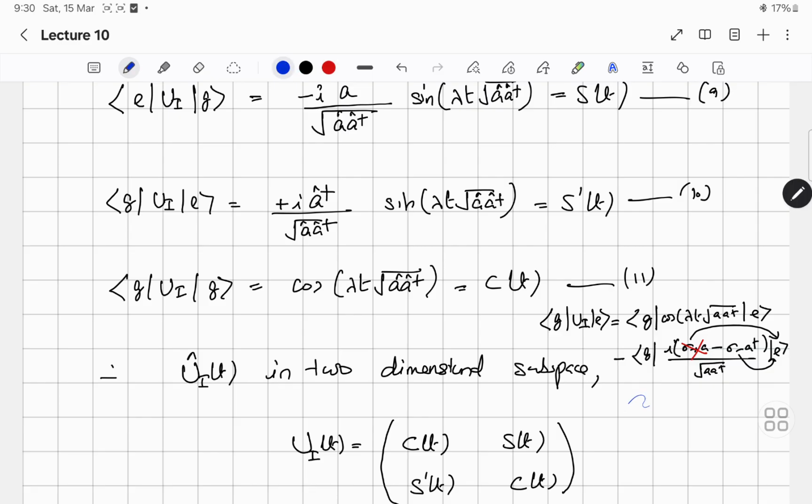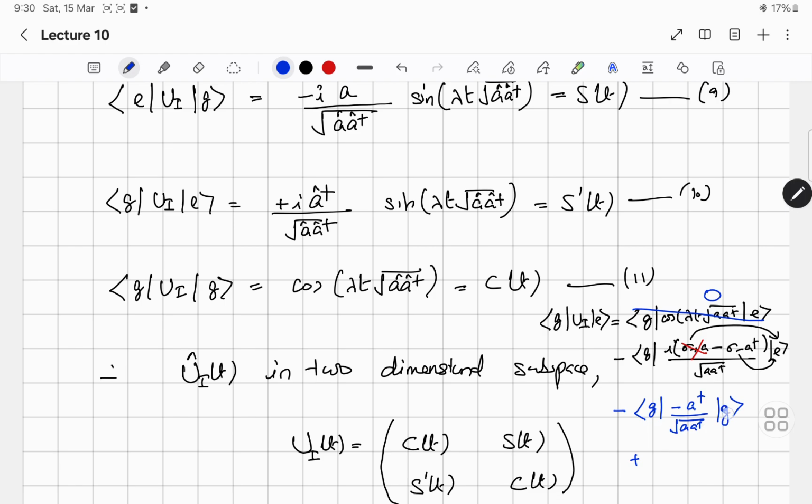So the first term will directly go to 0, since the sigma plus a effect will be 0. So this becomes minus, minus a dagger divided by square root of a dagger a. This minus and minus will become plus.